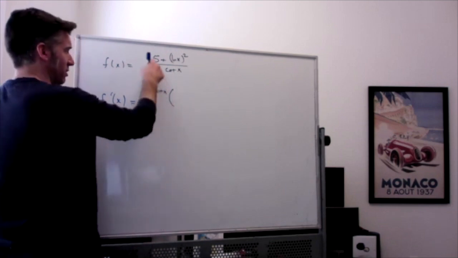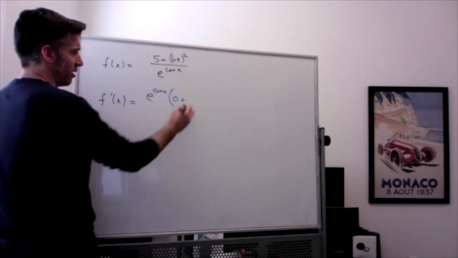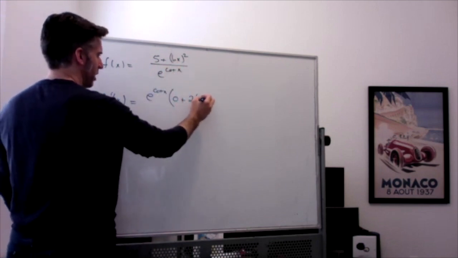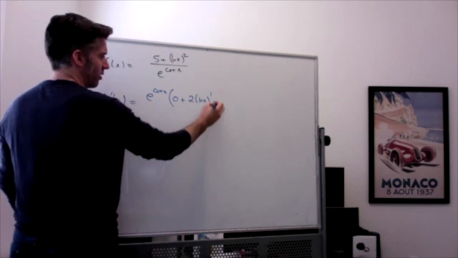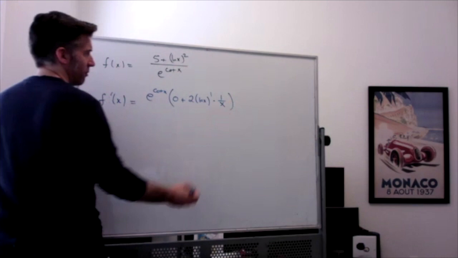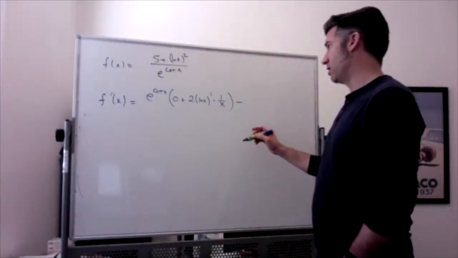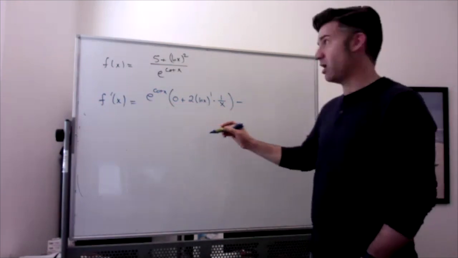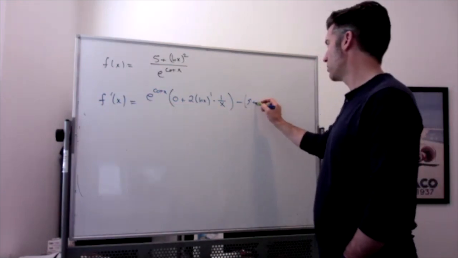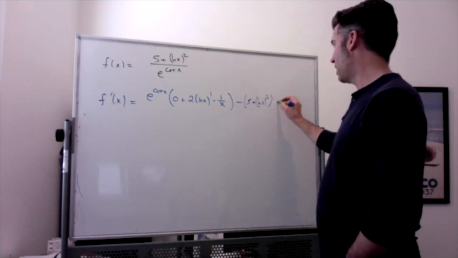The derivative of the numerator is going to be 0 plus the derivative of the natural log of x squared, which is 2 times your stuff to the first power times the derivative of your stuff. Minus, switch it up. Now instead of the bottom times the top, it's the top: 5 plus the natural log of x quantity squared times the derivative of the bottom.